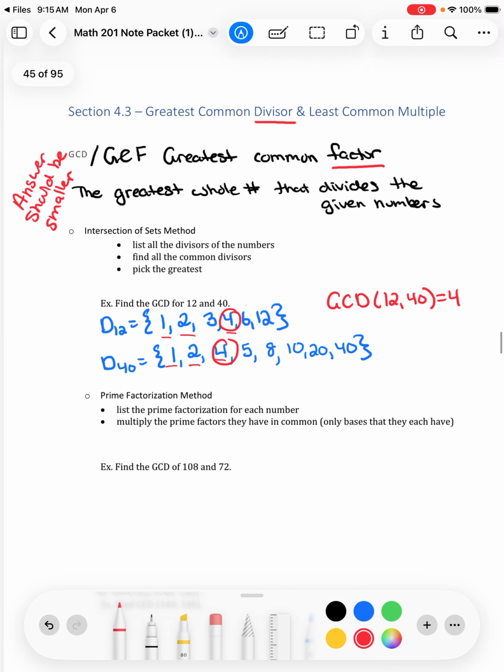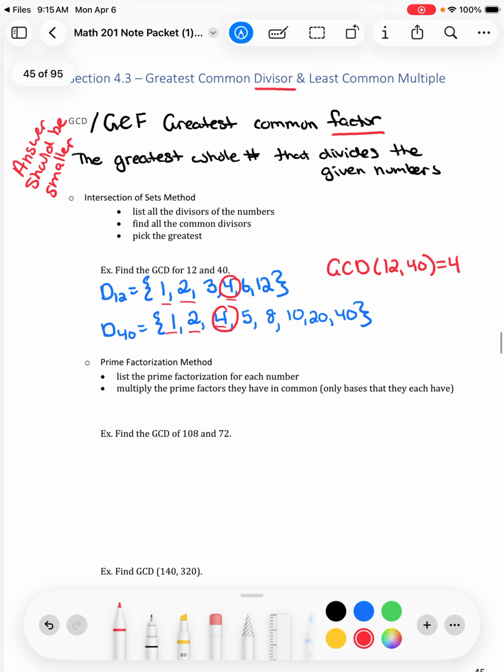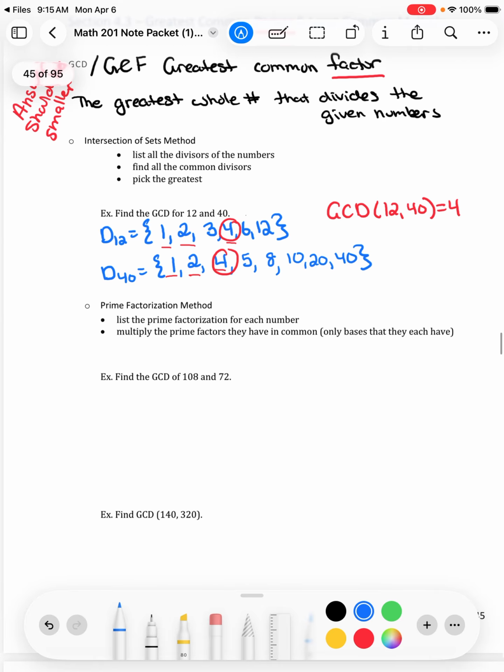That's usually the first method that we have when we're finding these GCDs, or even when we get to the least common multiples, the LCMs. However, we also can use the factor trees that we previously learned. So we're going to look at that method now. So for both my numbers, I'm going to make my factor tree. So make a factor tree for 108. Remember, you can start with any number that would divide 108.